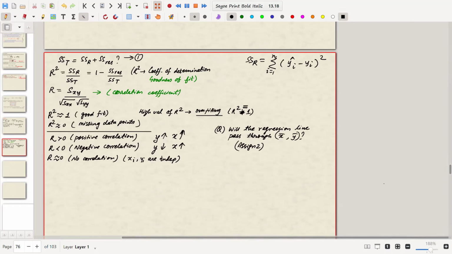Yi cap is the regression line evaluated at that xi. You cannot take the line and ask; you have to evaluate at that xi. Yi cap is nothing but y cap evaluated at xi. Then what is SS res?